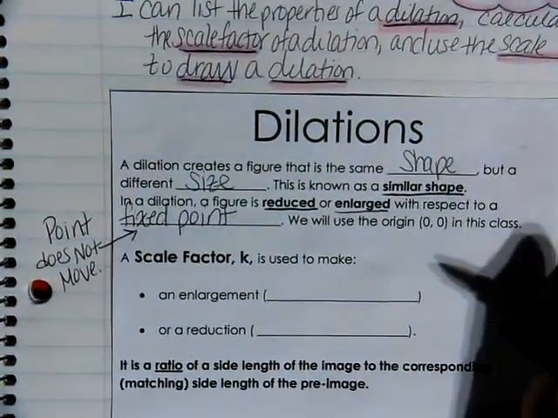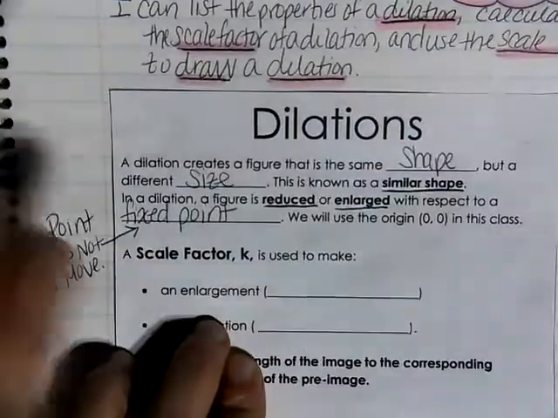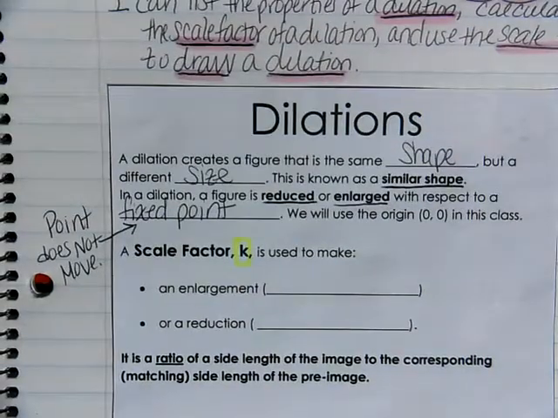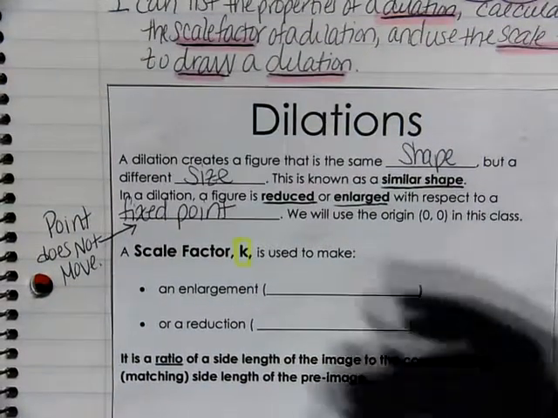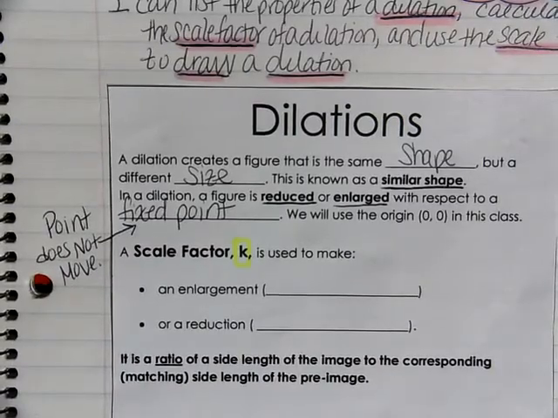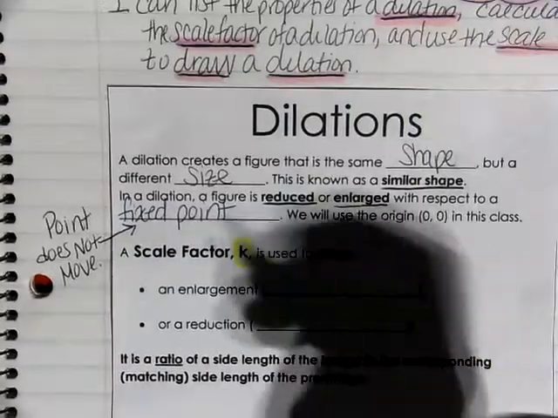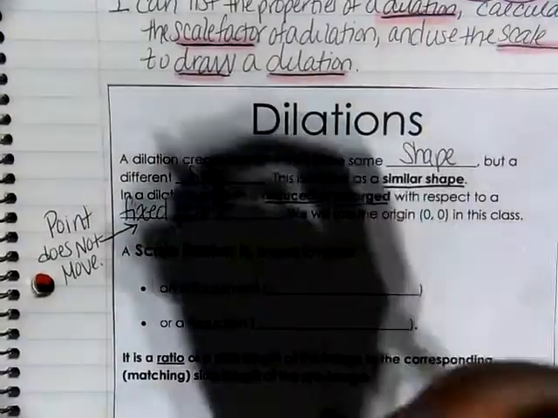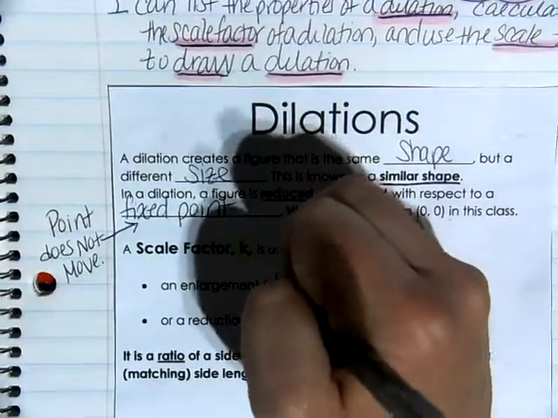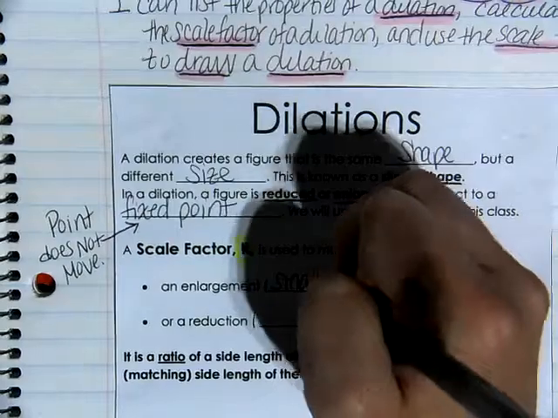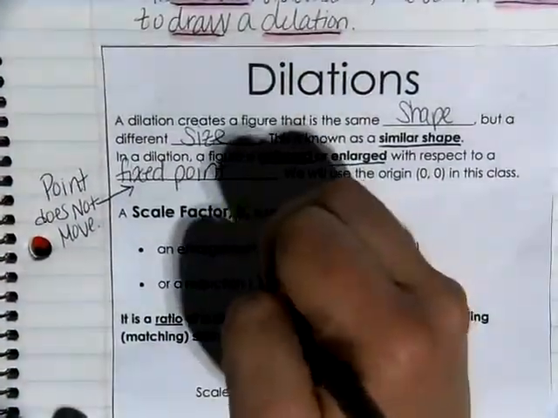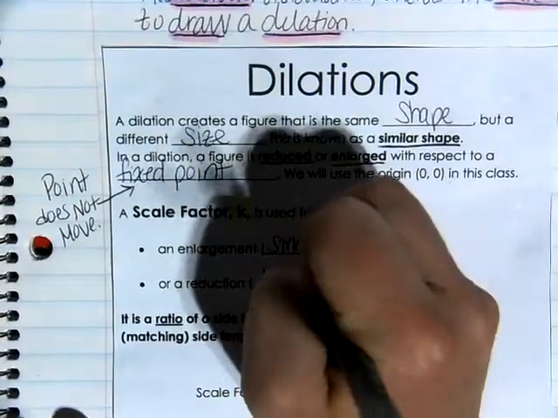A scale factor, K. We use the letter K to represent the words scale factor. K is used to make an enlargement, which means that we are making the graph bigger. An enlargement is going from small to large. Or a reduction, which means that we're going from large to small.